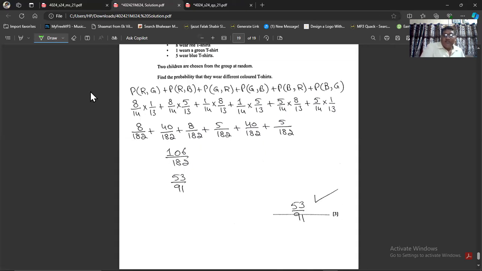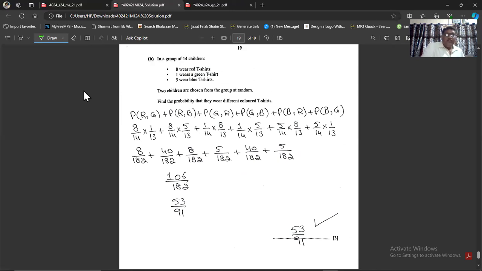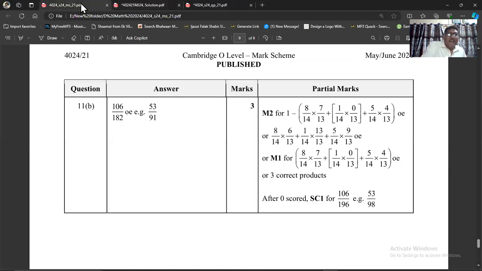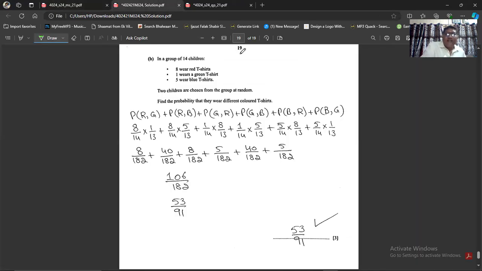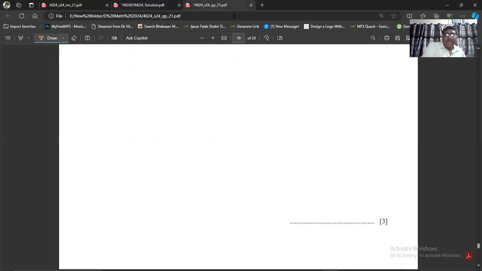I want you to see the answer also. Because we were looking for those chances where we have different colors, not the same colors. So the answer is 53 by 91, and this answer is right. And we have reached the end of this paper.